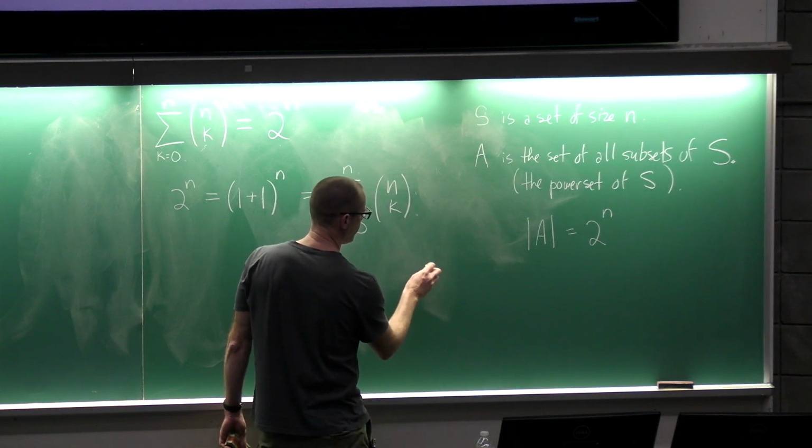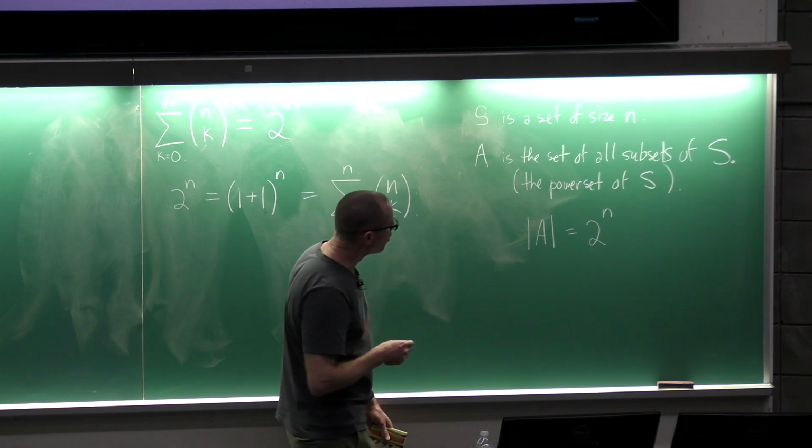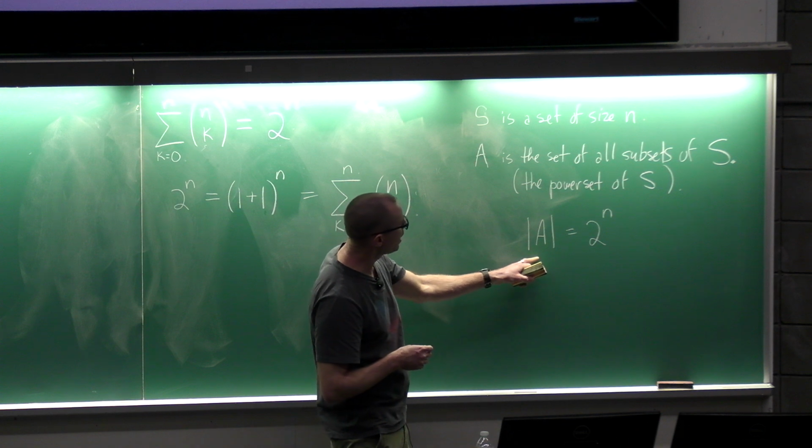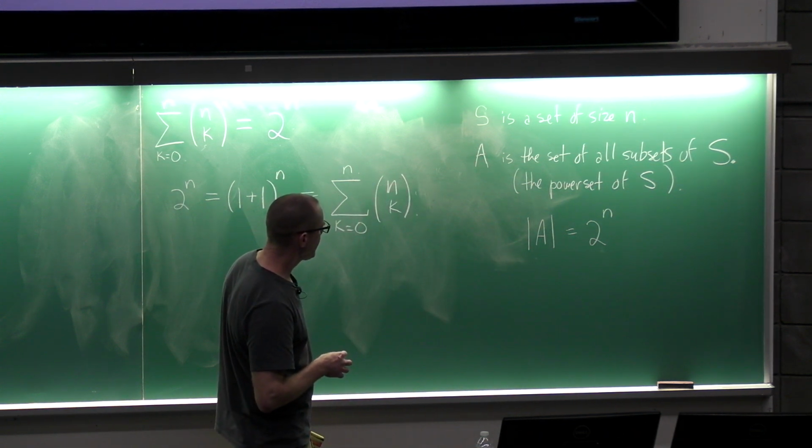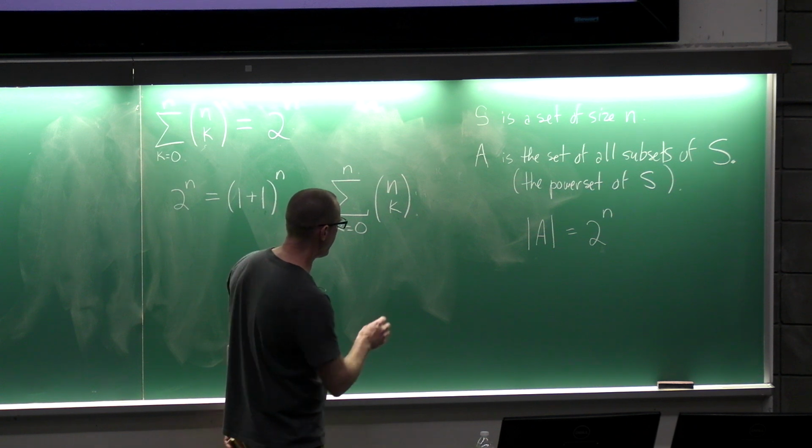But now we're going to use this double counting trick. So we figured out that A has size 2 to the n. But let's think of it another way.